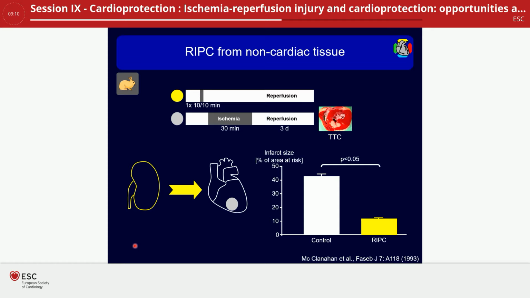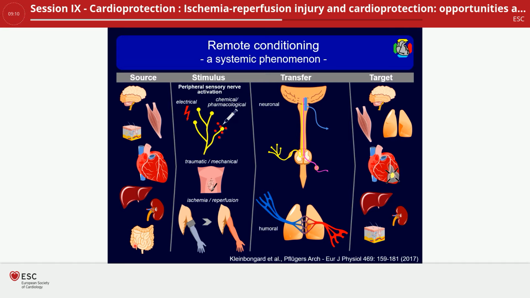And that brought us to actually develop interest in the phenomenon of remote conditioning. And nowadays, the remote conditioning phenomenon must be regarded as a very comprehensive, systematic reaction of the entire organism. It can be elicited from a variety of organs, which you see at the left. So you can elicit protection from the brain, from the heart, from the liver, from the kidney, from the gut.